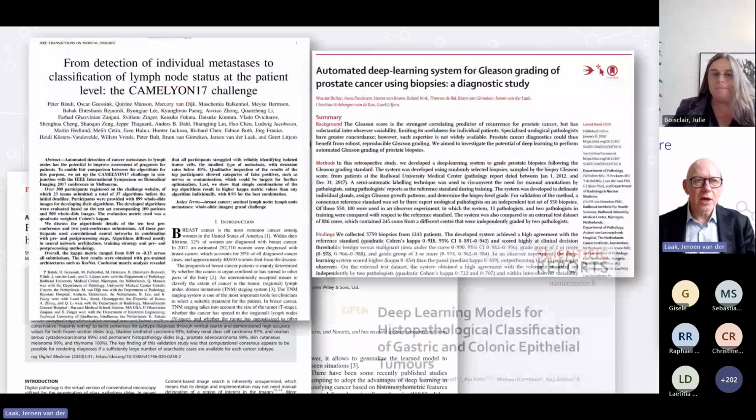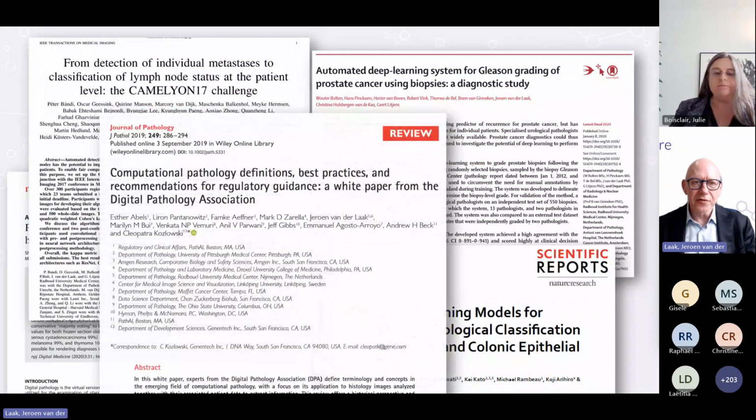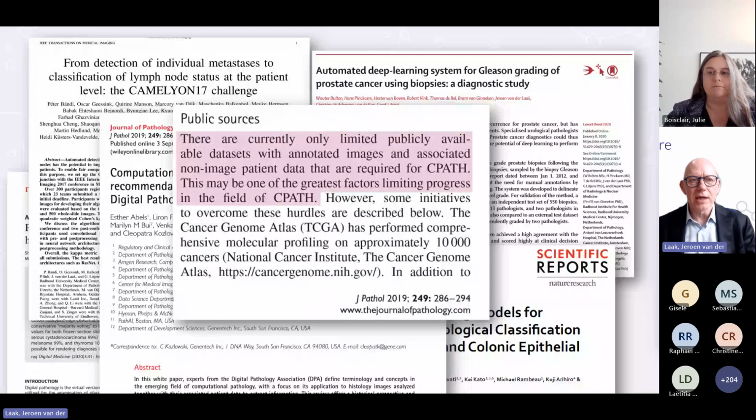Now, a lot of publications in our field appeared, and it's clear that a lot of people work on AI in the pathology field. In this nice publication from the Digital Pathology Association, it is concluded that the absence of publicly available data sets, or the limited accessibility of these data sets with annotations, is actually one of the greatest factors limiting progress in the field of computational pathology.